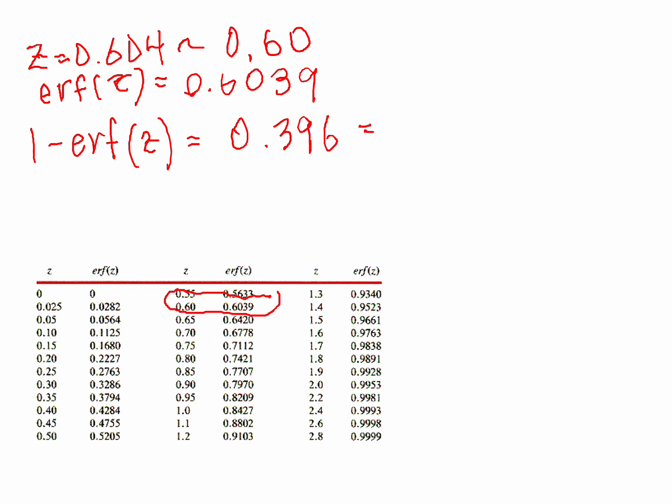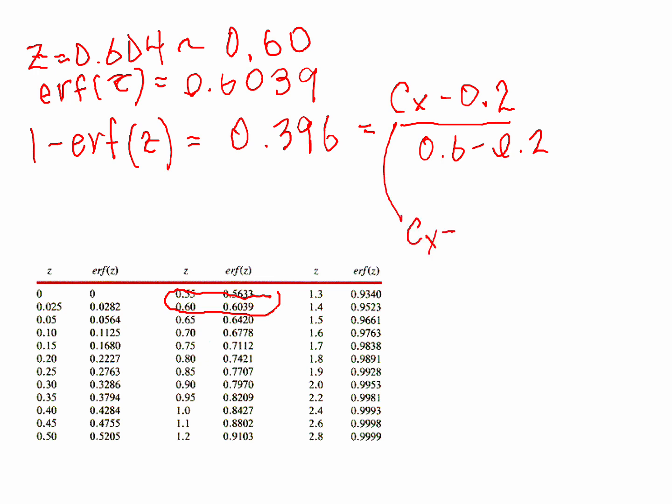And that's equal to C sub x, my new unknown, minus 0.2 over 0.6 minus 0.2. So I take 0.396, multiply it by 0.4, and then I add 0.2, and my new C sub x is 0.36.